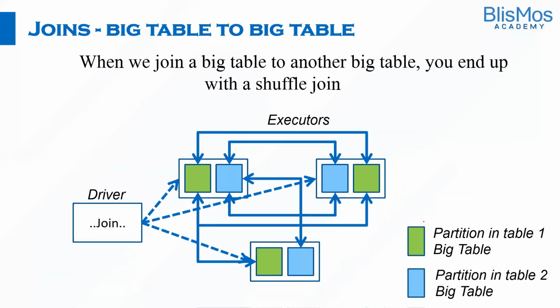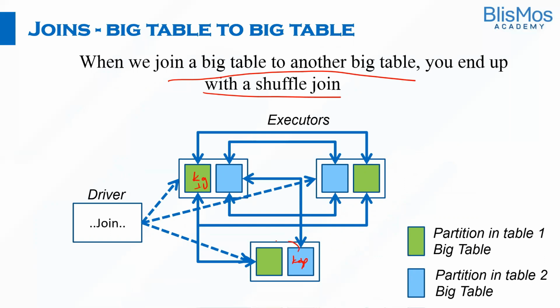Moving forward, when we join a big table to another big table, we end up with a shuffle join. As I already indicated, the key here may have a matching key here.